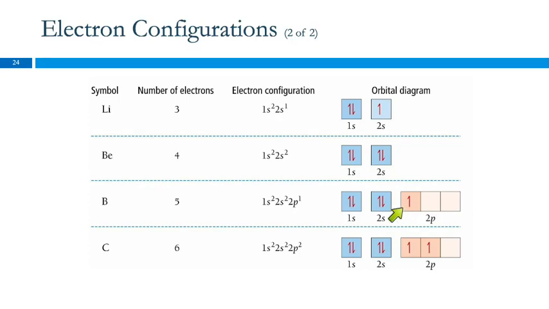He's going to sleep in 1 bed, and the other 2 beds are going to be empty, but we're still going to draw them. So we're not just going to draw 1 bed from a room, we're going to draw the whole room. And then carbon, 6 electrons. That next electron coming into this room says, well, I'd rather sleep by myself, thank you. I'll take that next bed. Doesn't cost any more, so why not, right? Any questions?